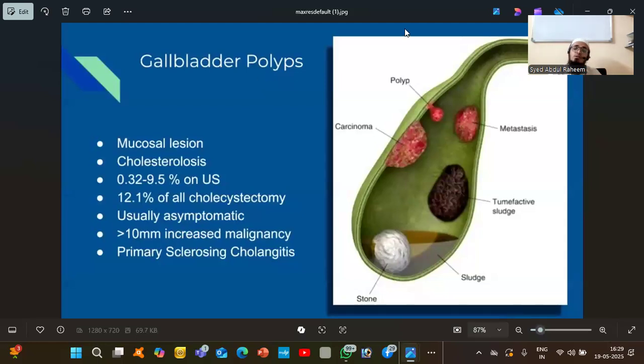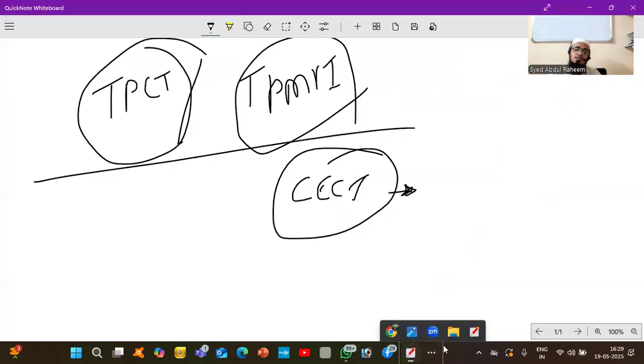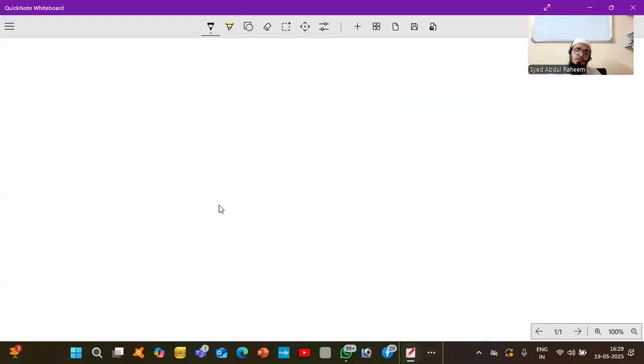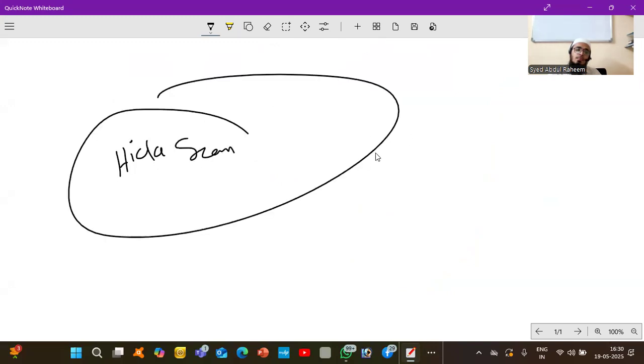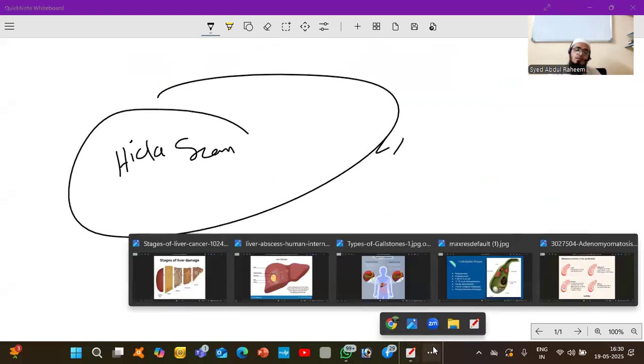Like in the liver we have one special scan, MRTP, here we have another special scan, that is the HIDA scan. Okay, this is a very important thing. We have to remember this.